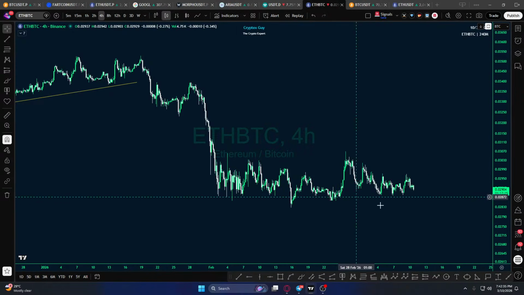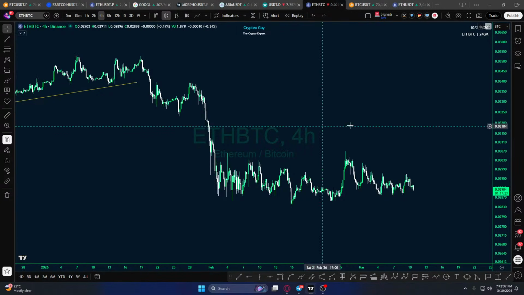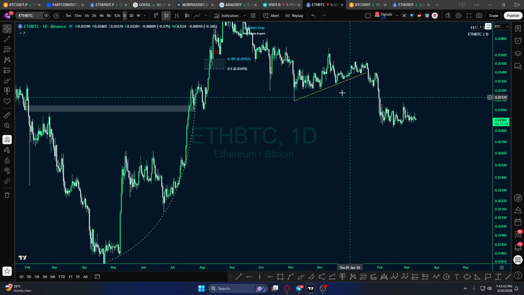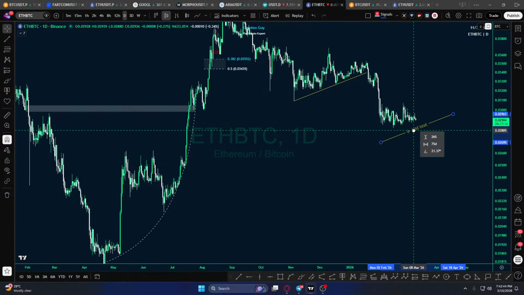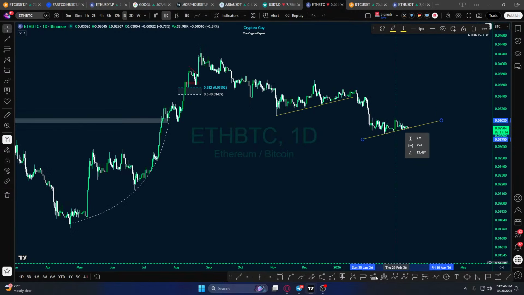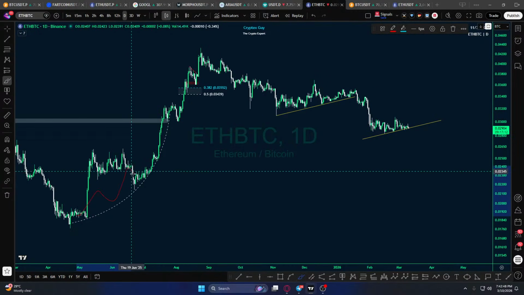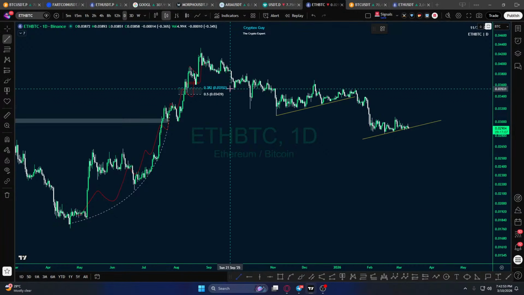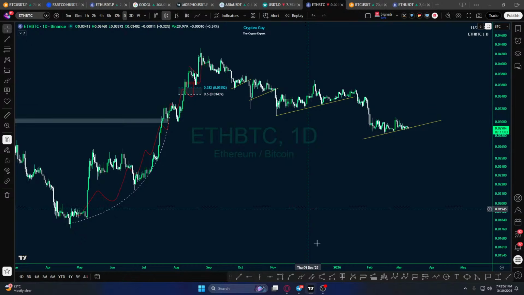You can see we are just moving sideways on this one, on the daily time frame. This is how Ethereum moves. This was a bull run, and then we start dumping. This is how Ethereum dumps: first consolidate to the upper side, and then we dump.